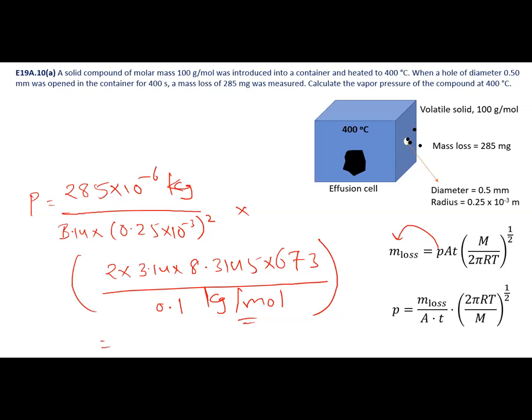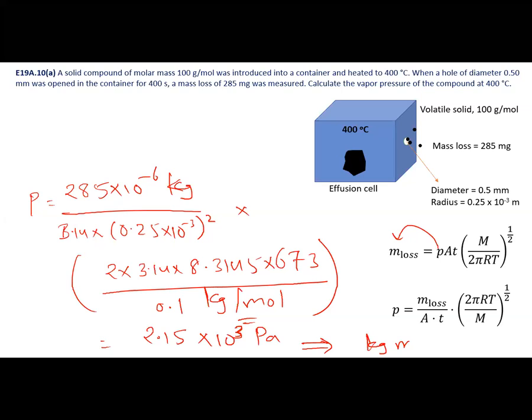Solve this math, you should get the pressure as 2.15 times 10 power 3 pascals. Check this answer: basically, at the end, you get the units as kilogram per meter per second squared, which are nothing but pascals.